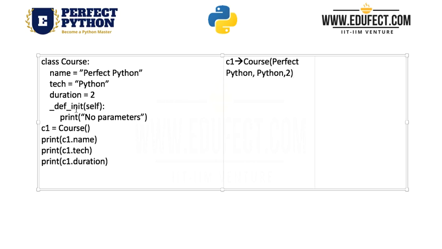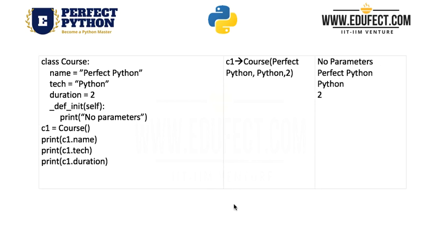When we have called the constructor, what will get printed is no parameters. So when we call C1 is equal to course, it will call the non-parameterized constructor, because we are not passing any parameters, and what will get printed is no parameters. Then when we say C1.name, what will get printed is obviously perfect Python, then Python, which is the tech, and 2. So here we have used the non-parameterized constructor.